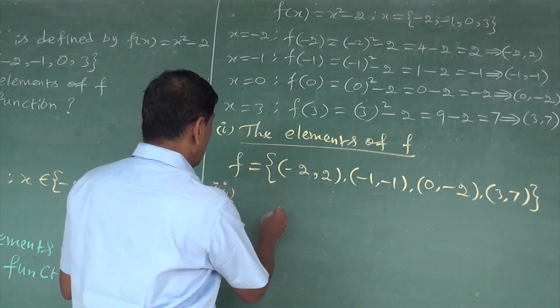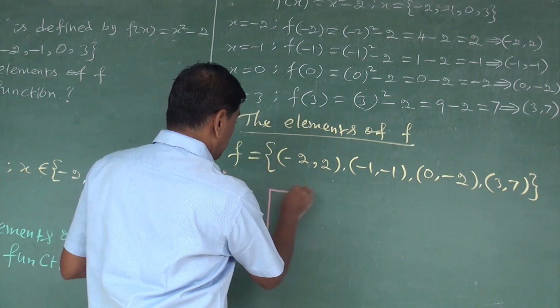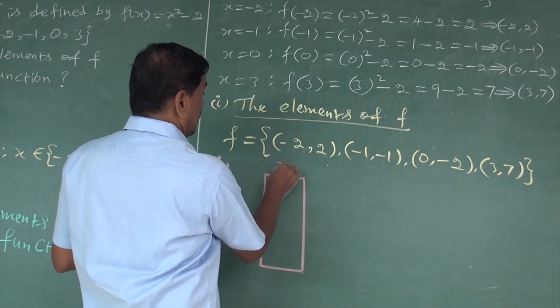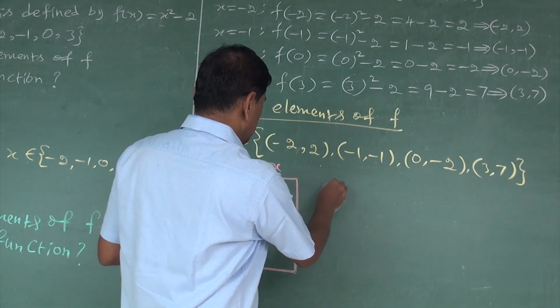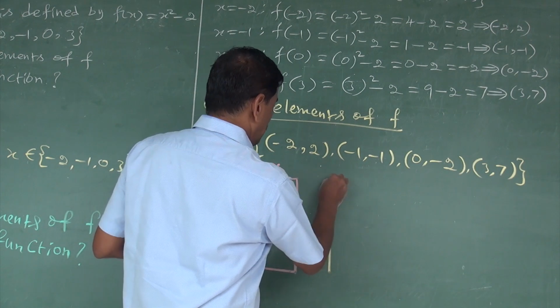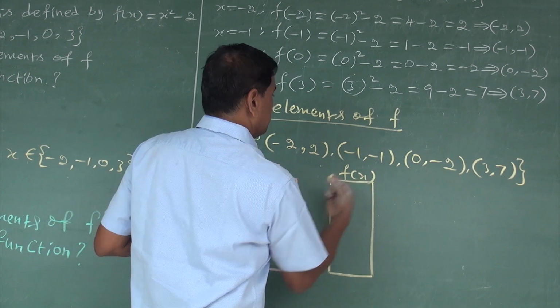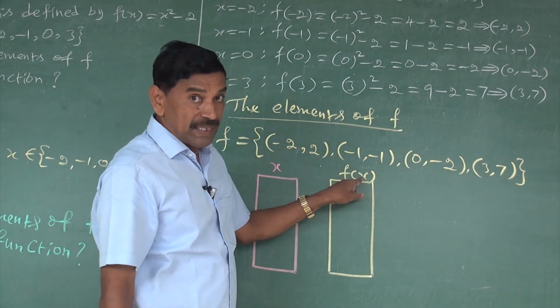The first set takes the elements from x and the second set is nothing but f of x. Here x is the element and f of x is the image.